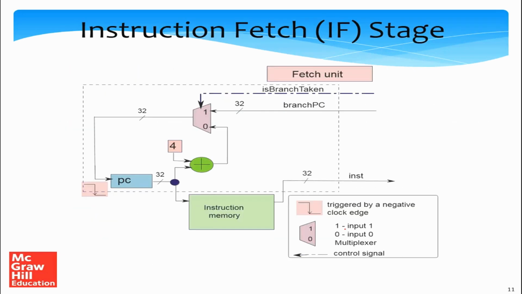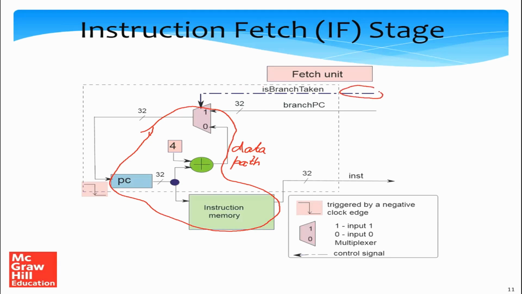So let's come back to this diagram. In this diagram, all of this is in the data path, right? All of this. What is there in the control path? It essentially consists of the signal to control this multiplexer, and also the control unit that generates this signal.